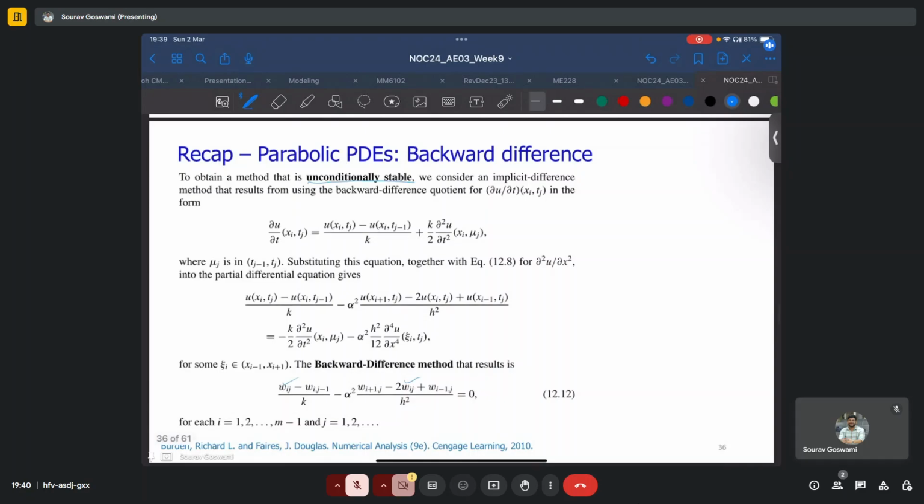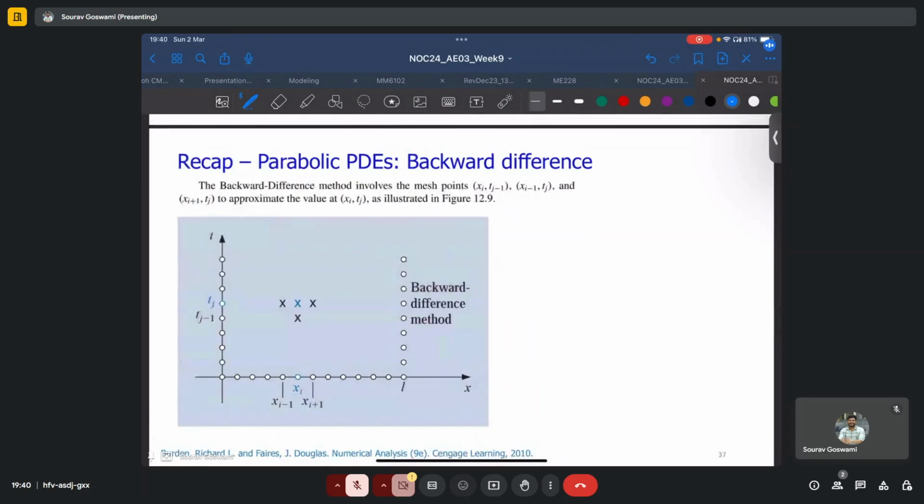Yeah, the visualization is here as well. So say at the j minus 1th time step, we solve for this point here, and currently we are investigating this blue cross. Now, since we're solving from left to right, the information at this left neighbor might still be available, but what about this right neighbor?